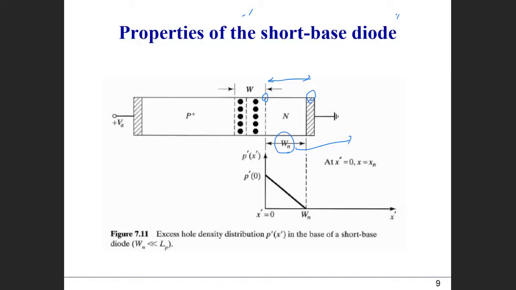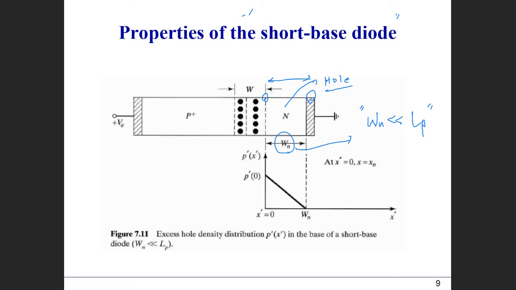If WN is much smaller than the minority carrier diffusion length on this side, which is the hole, right? The minority carrier diffusion length. If this condition is met, then we call it a short-base diode.